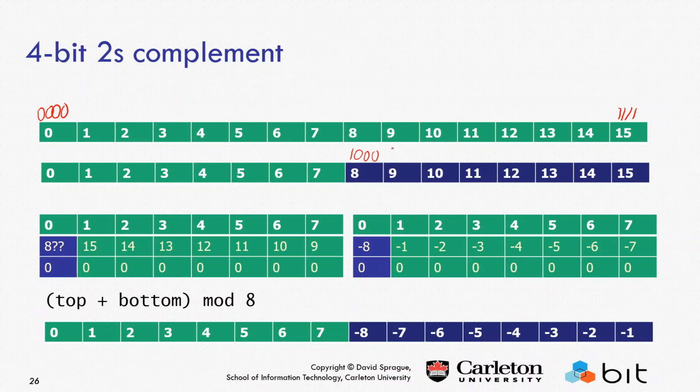Instead, we're going to have 1, 0, and again 1, 2, 3, 4. What we're going to do is take this entire chunk of numbers, all the binary representations, and instead of considering them to be 8, 9, 10, 11, 12, 13, 14, 15, it's still just a binary number.